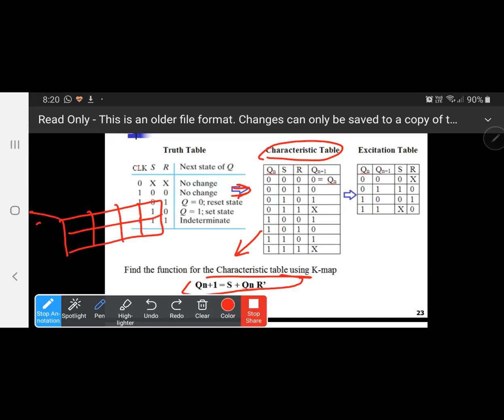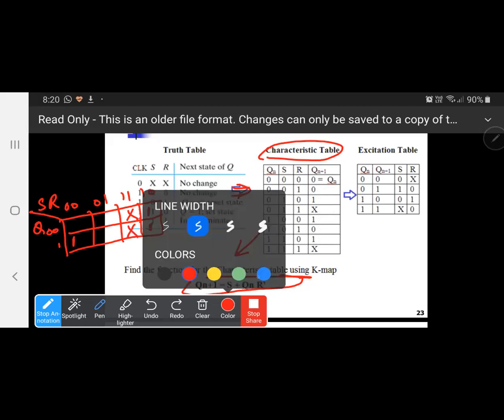So we have the values of Q naught, S, R: 0, 0, 0, 1, 1, 1, 1, 0. So you have 0, 1 at 2, and at 3 don't care. At 4, 1. At 6, 1. And at 7, don't care. Clear? The K-map? Yes.